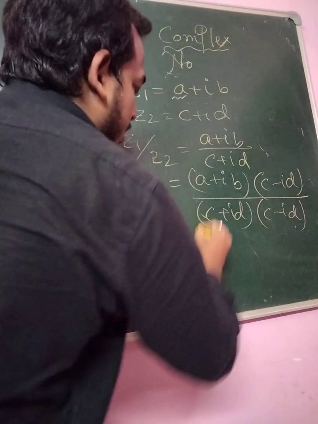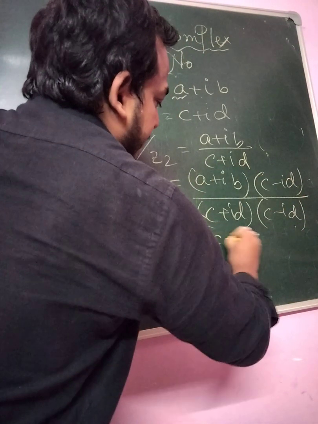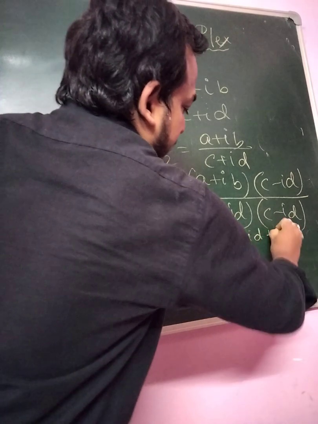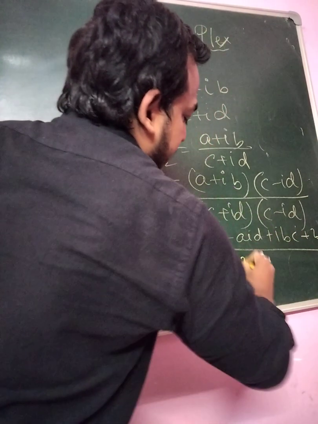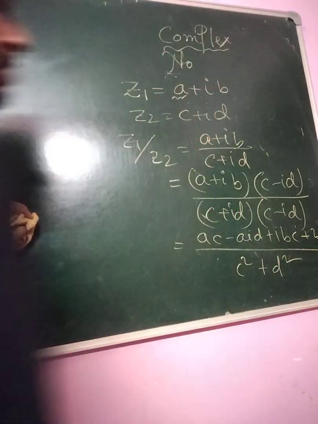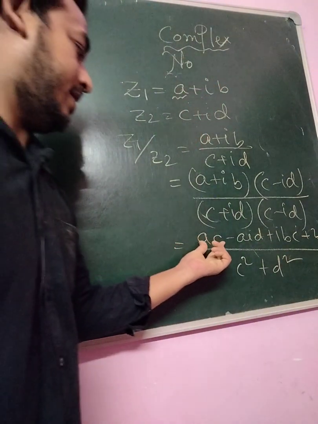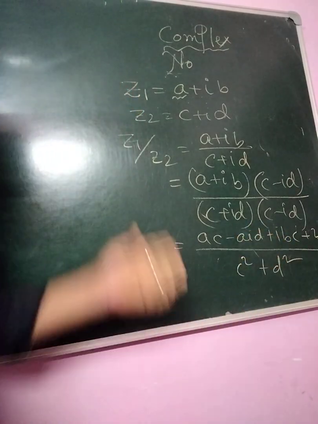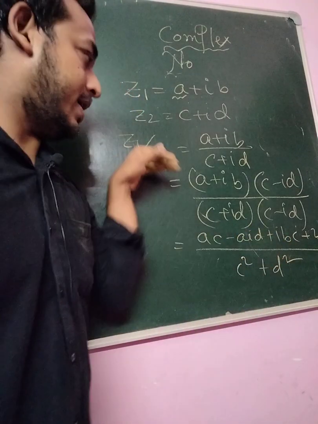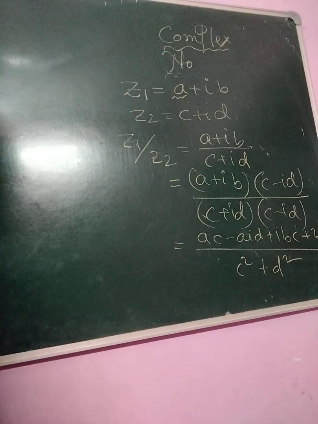So multiply this: AC minus iAD plus iBC plus BD, and the denominator is C square plus D square. Just write here the real part is AC plus BD, and taking iota common, that is the imaginary part. In this way you can divide two complex numbers.